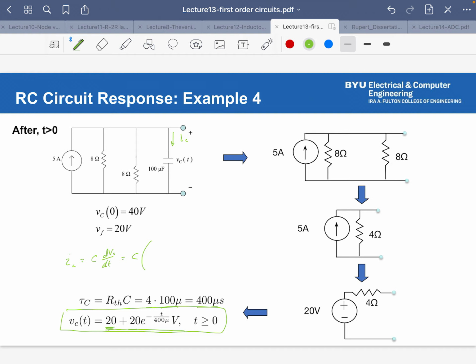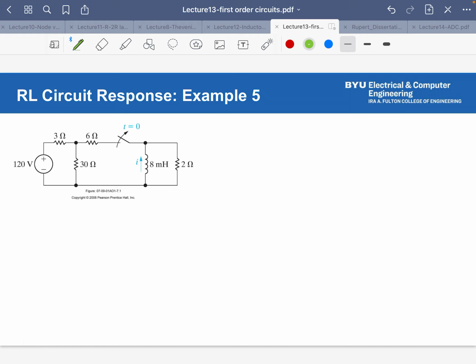The derivative of a constant is a constant, and then this is going to be 20, e to the minus t over 400 microseconds, and then I'm going to multiply this whole thing by a negative 1 over tau, so 400 microseconds. So, anyways, that's the current through the capacitor.